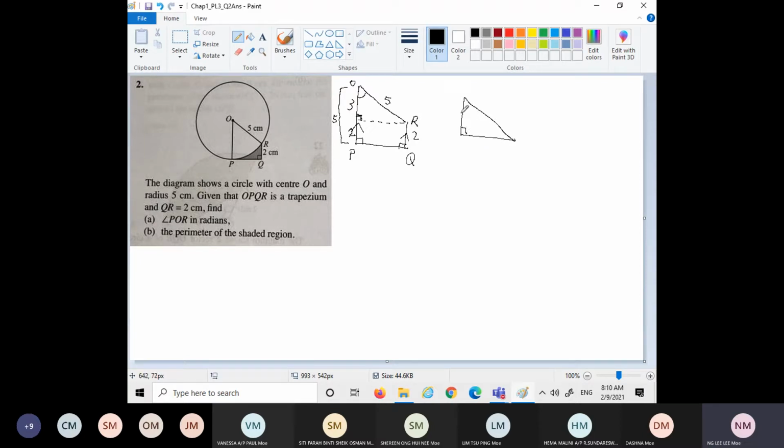Right angle here, this is 3, this is 5. You want this angle, let's say I label it as theta. This is the opposite of theta. This is the hypotenuse, the length opposite the right angle. And this one will be the adjacent, so I have A, I have H.